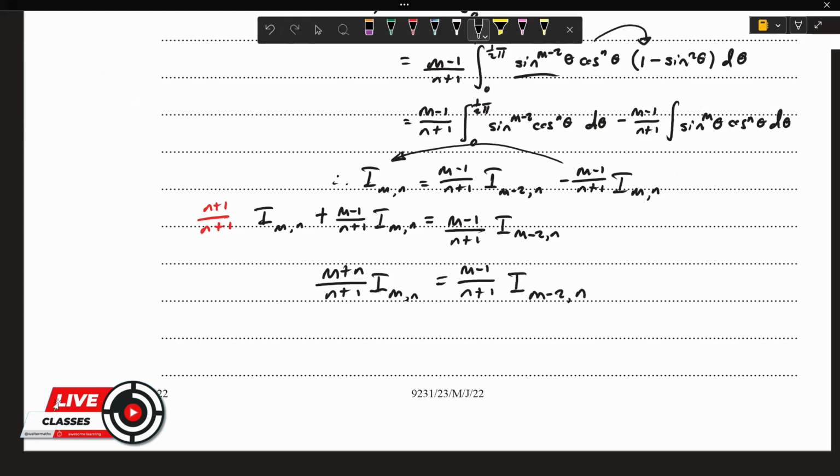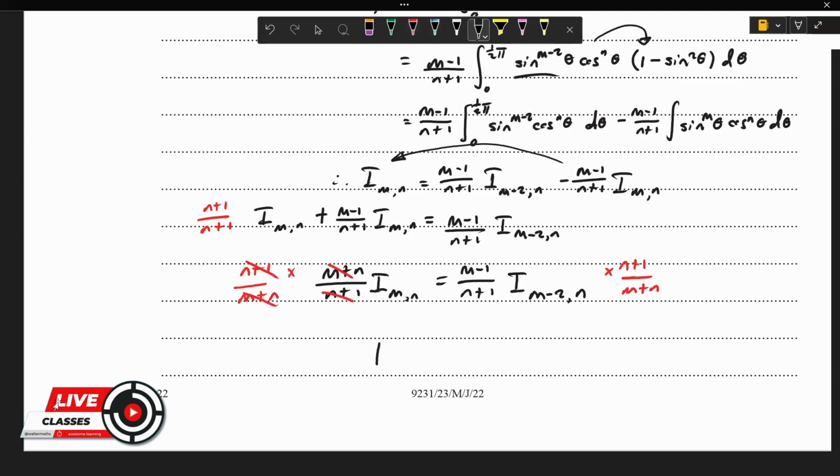And if we are going to multiply both sides, this side by n plus 1 over m plus n, this side by the same, n plus 1 over m plus n, you find that these two will cancel and these will cancel.